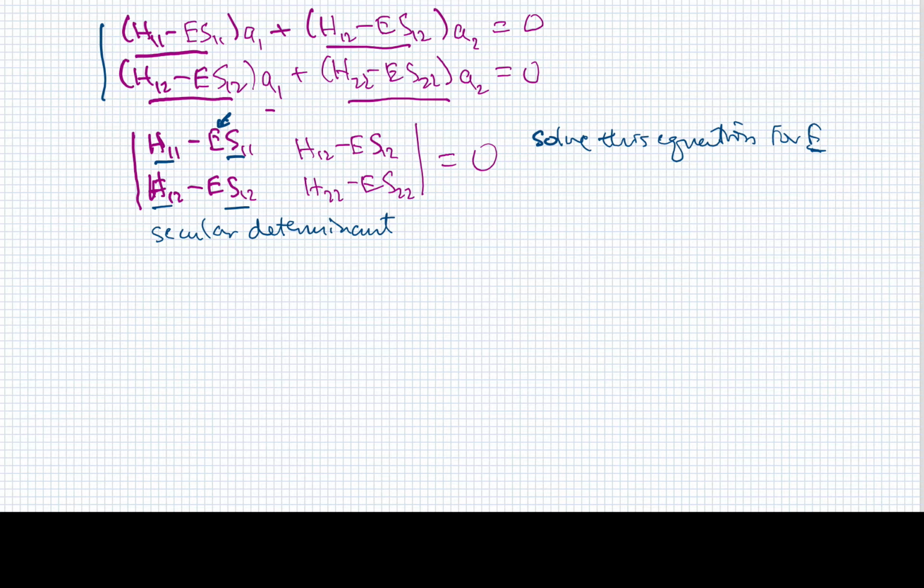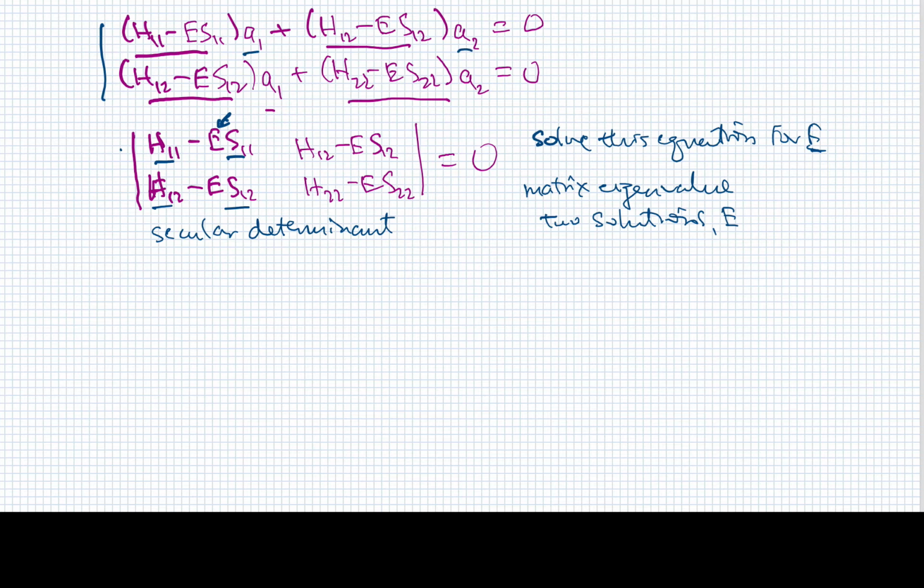Now, this is an example of a matrix eigenvalue problem. And it turns out because there's 2 rows and 2 columns in this, there will also be 2 solutions for E. Which means that from those 2 solutions for E, we can get 2 sets of values for a1 and a2 that will satisfy this.